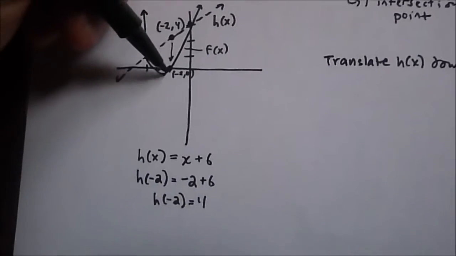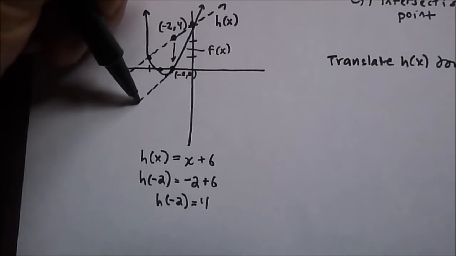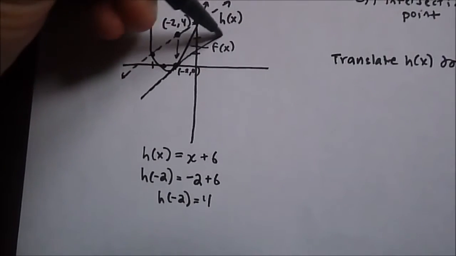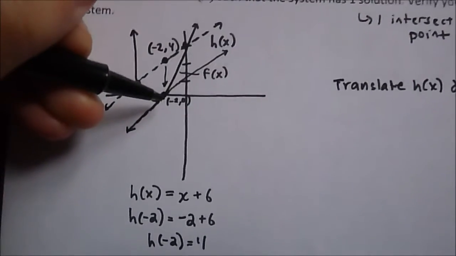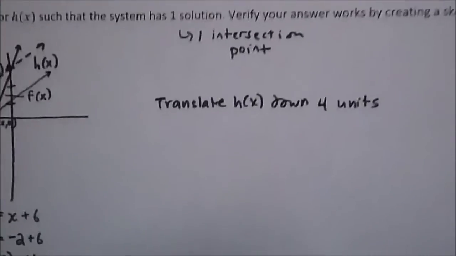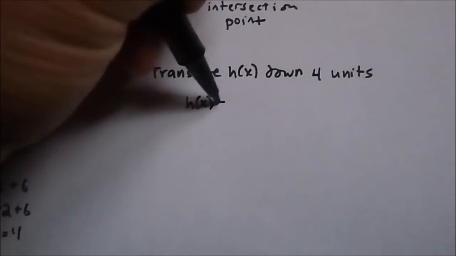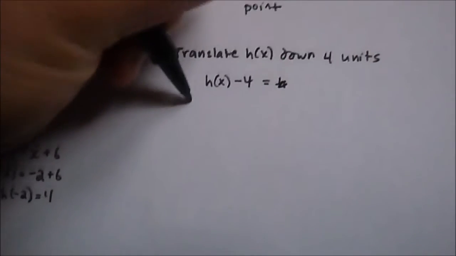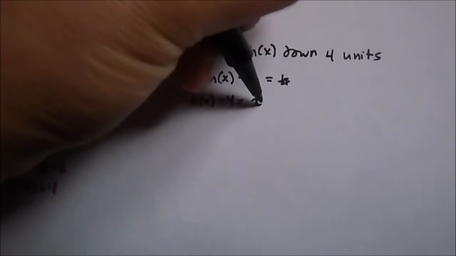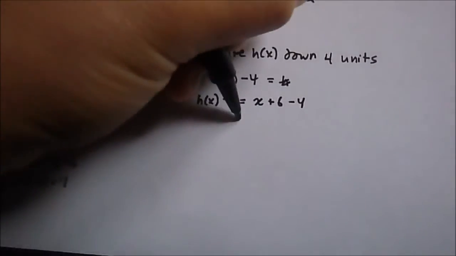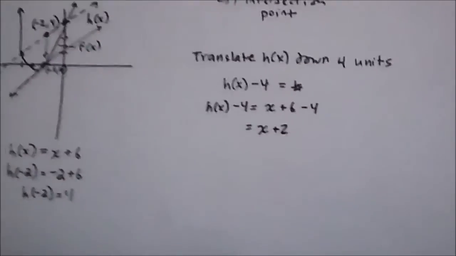When I do this translation downward, you'll be able to see, if you do it on your calculator, that the new line for h of x will only touch the graph at one place. So when I translate h of x down 4 units, I know that's a translation of the outputs, so I am looking to take h of x minus 4, which is x plus 6 minus 4, or x plus 2.